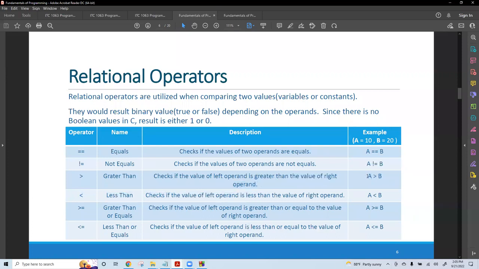Here, in this example, A has to be greater than B to output 1. Right? To be true, A has to be greater than B. Less than, right? To be true, A has to be less than B. The opposite.